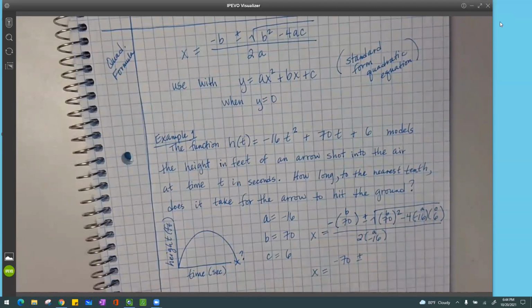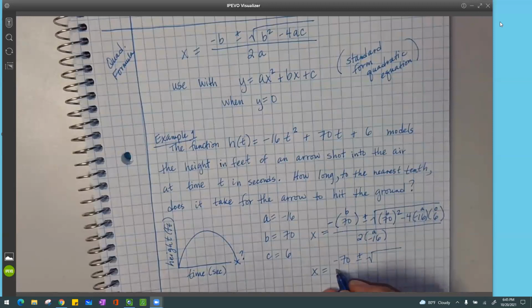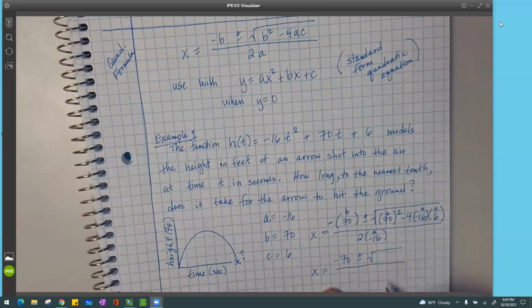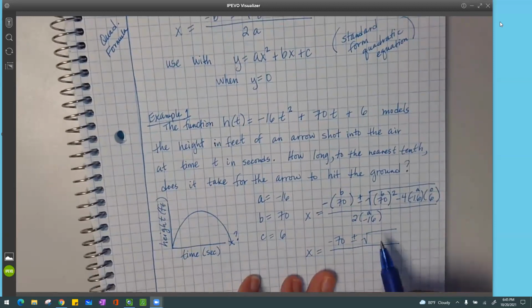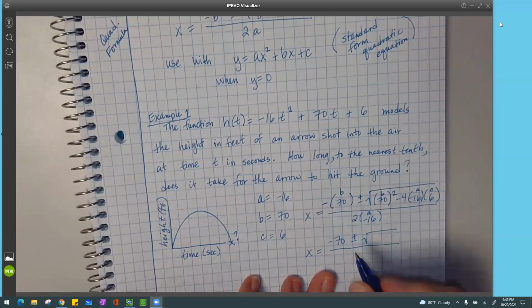But there's so much to write that we combine these and write it as plus or minus. And you need to know that we say plus or minus, but really it's plus and minus. It's 2 different answers.